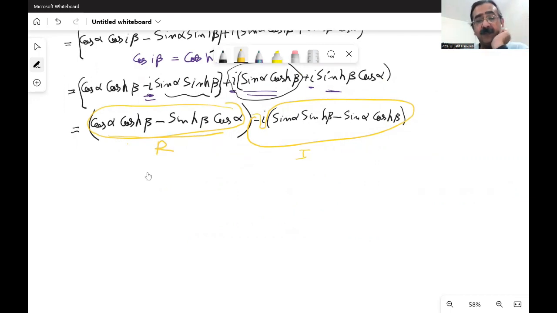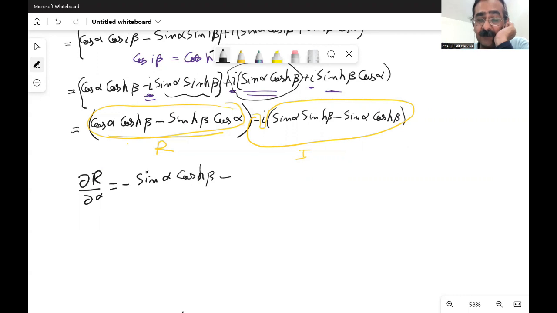Firstly, we take the derivative of partial r over partial alpha, with respect to alpha. Derivative of cos is minus sine alpha, cos hyperbolic beta will be as it is because beta will be treated as a constant.